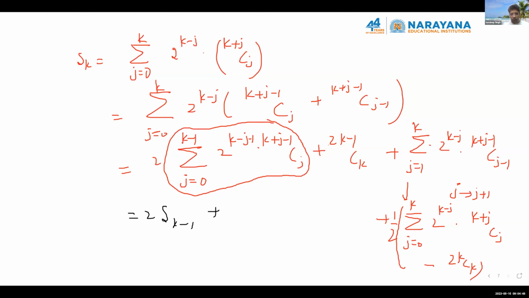I think this 2 is also there with this, no? 2 into this, right? And then plus, what is this term? This is nothing but, again, s of k. So basically you get a relation between sk and sk minus 1, and now you can look at the options and get the results. Is it clear? Yes, sir.